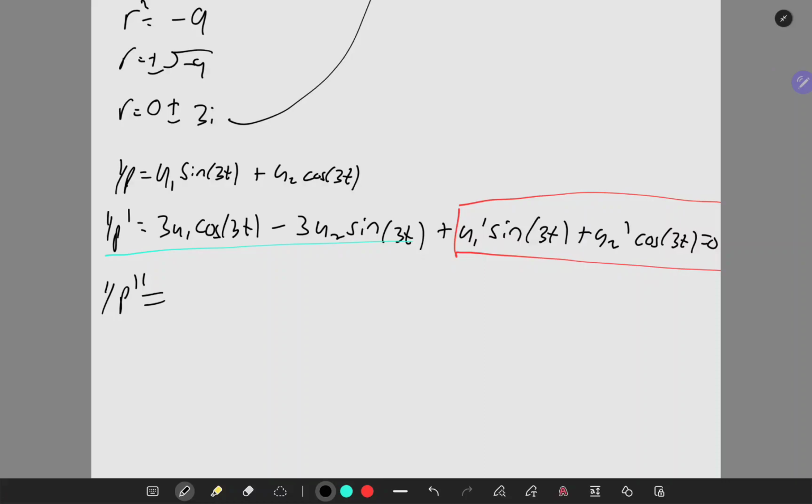So now the double prime would be negative 9 u1 sine of 3t minus 9 u2 cosine of 3t, plus, minus 3 u2 prime sine of 3t. I didn't have to do it like this. I don't know why I'm grouping the primes. You don't have to for y double prime.